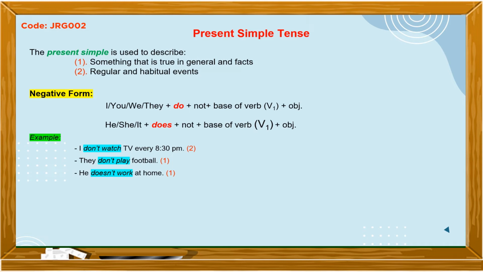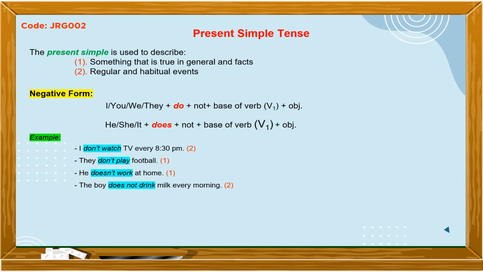All right. Okay, so move to example number 4. Example number 4: the boy does not drink milk every morning. Okay, the boy does not drink milk every morning, and I mark it number 2, referring to a regular or habitual event. Okay, the boy.